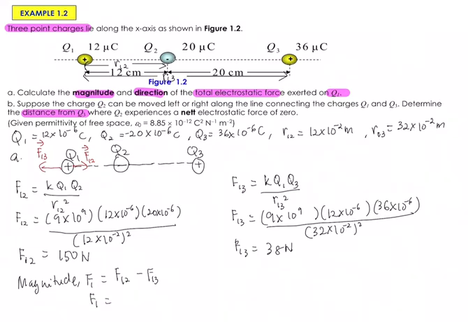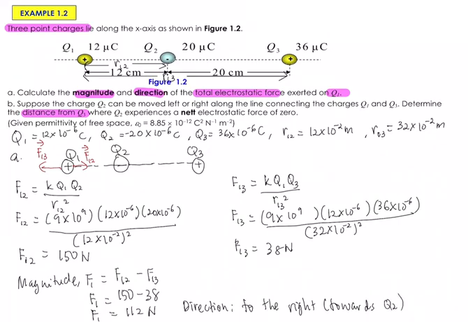F1 will be 150 minus 38, and you will get F1 is 112 newtons. You get positive, meaning that the direction is to the right, or towards Q2.